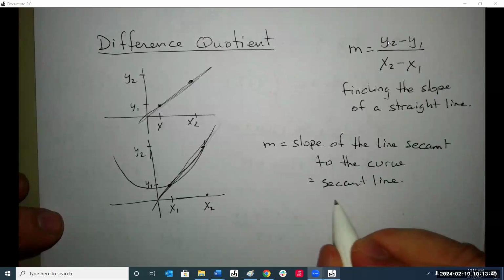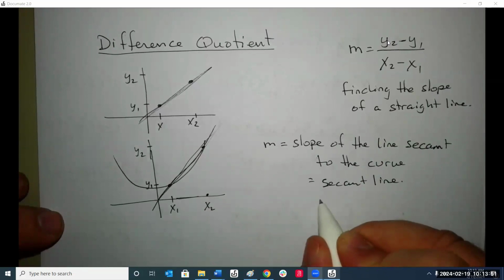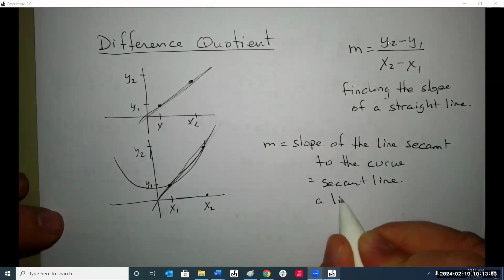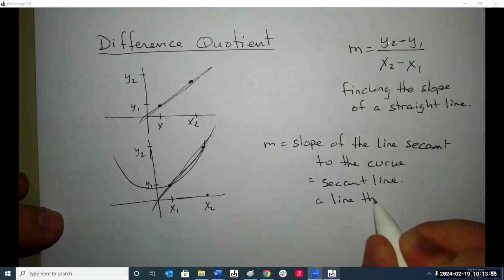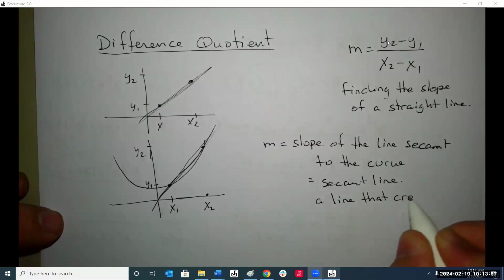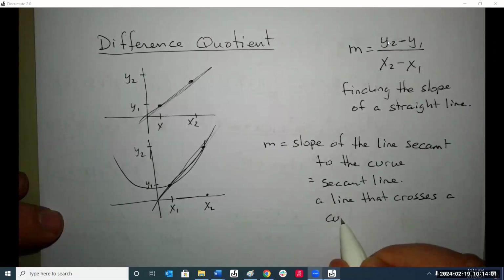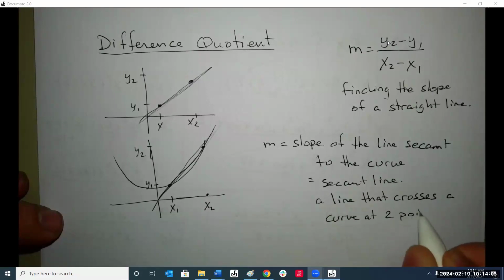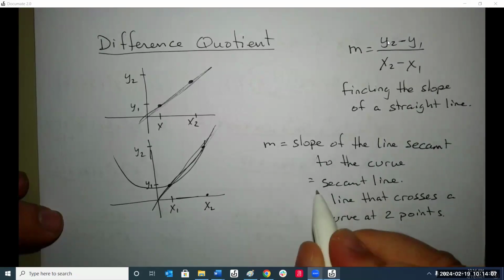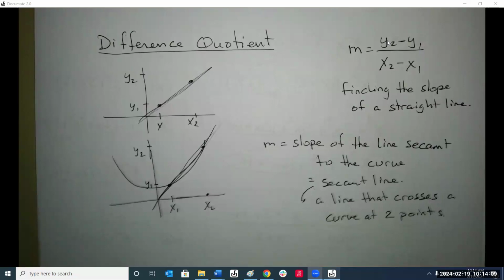By secant, we mean a line that crosses a curve at 2 points. That's what a secant line is.